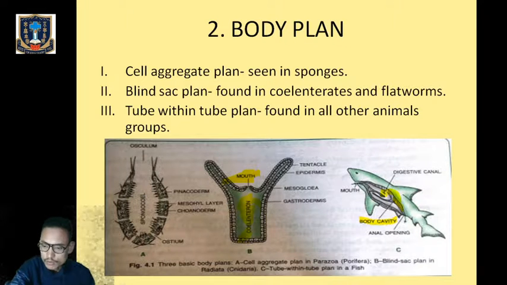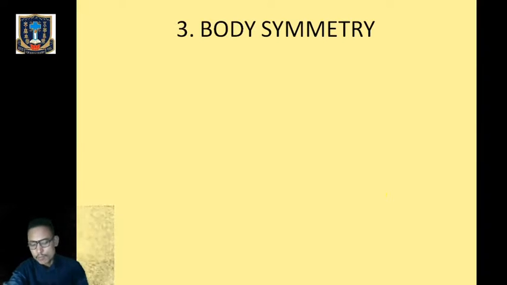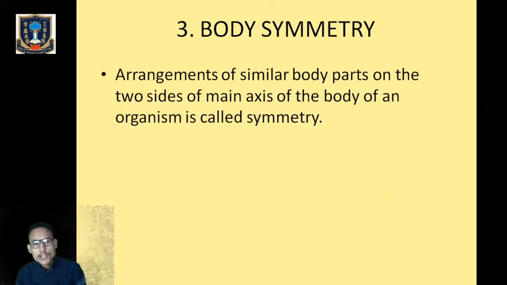Now next, let us go to the next basis of classification, that is body symmetry. So what does symmetry mean? What is body symmetry? The arrangement of similar body parts on the two sides of the main axis of the body of an organism is called symmetry. For example, a human being.